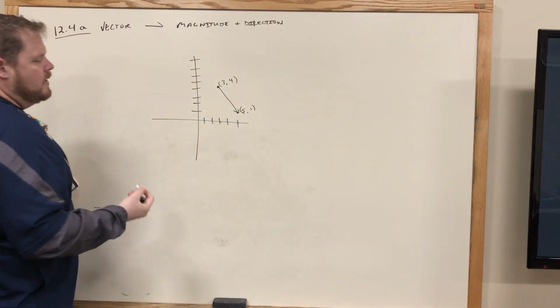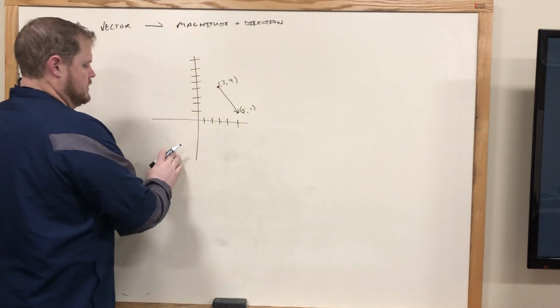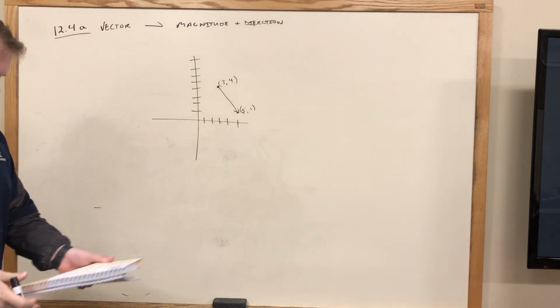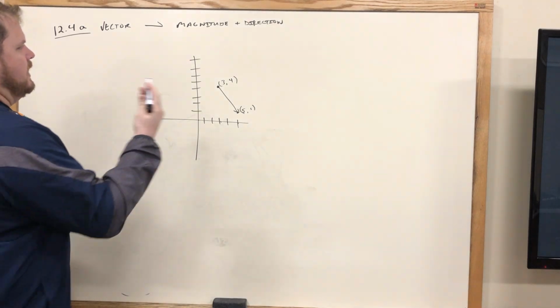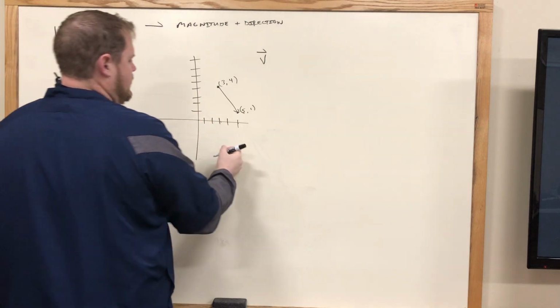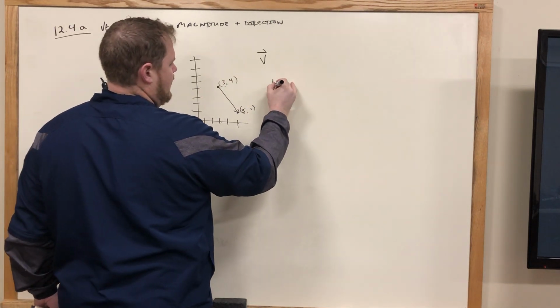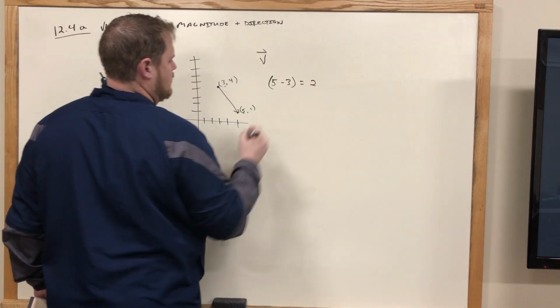So what they're going to say to you is, first off, let's translate that to the origin. If I want to draw this at the origin, what would I have to do? Well, I'd have to find what the actual vector v would be. The distance from 5 to 3, so we solve 5 minus 3, and that gives us 2.